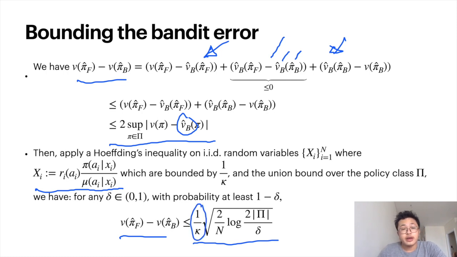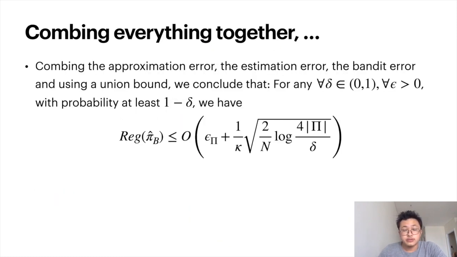So now we put everything together and use the union bound again. We conclude that the regret of the policy-based bandit learning in the offline setting is bounded by this term. We have the approximation error, which, recall, becomes 0 if the policy class is expressive enough.